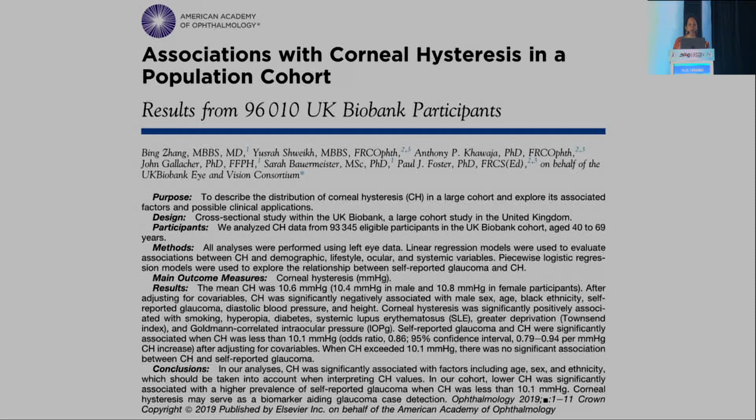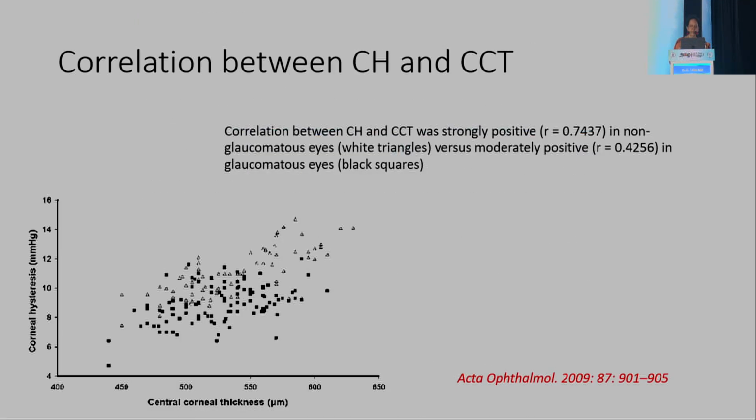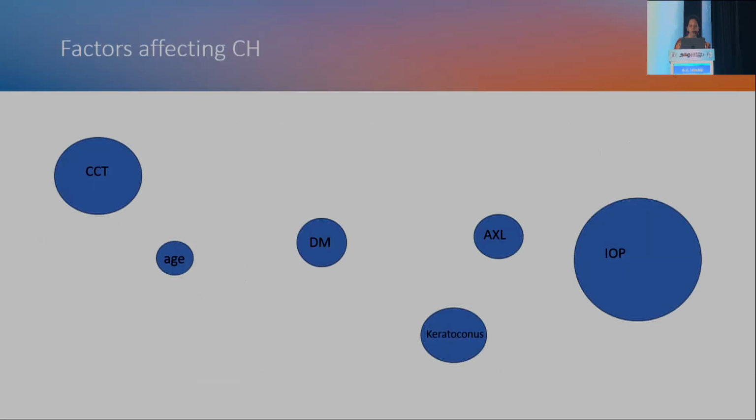This is a population-based study with 96 UK Biobank participants, where corneal hysteresis was measured in all of these people. They found that low corneal hysteresis was significantly associated with a higher prevalence of self-reported glaucoma when the CH was less than 10. This is a paper correlating CH with CCT, and the correlation was found to be strongly positive in normal eyes and moderately positive in glaucomatous eyes.